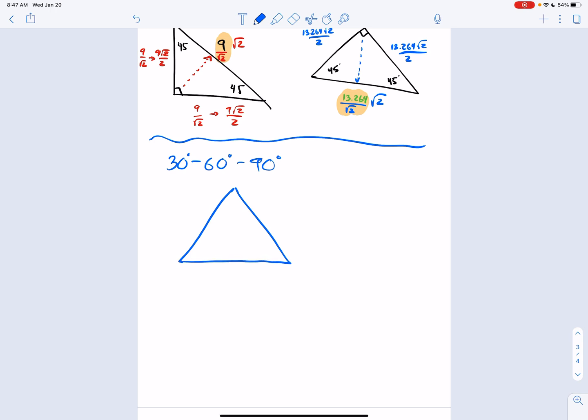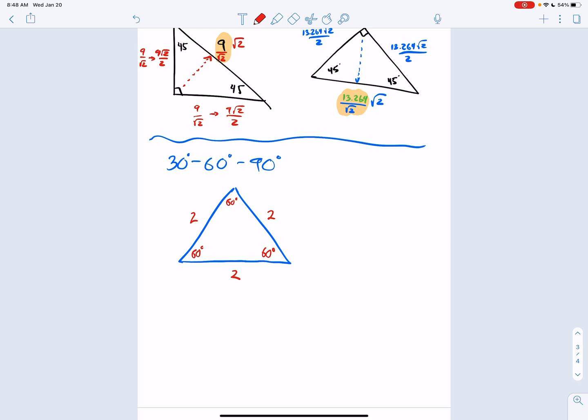Meaning all sides and all angles are congruent, okay? So, for instance, if I know that this side is 2, then that means this side is 2 and this side is 2, okay? And I know that all angles are 60 degrees because they're all the same and it has to add up to 180, okay?